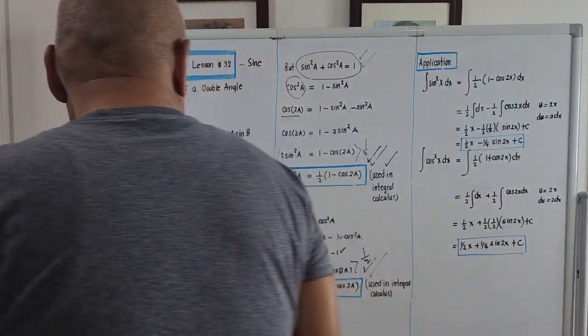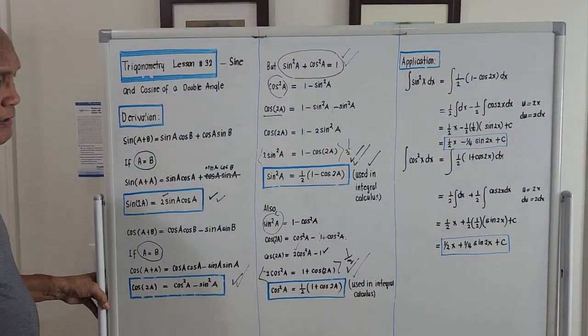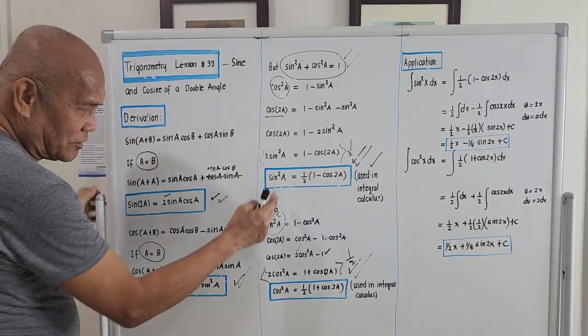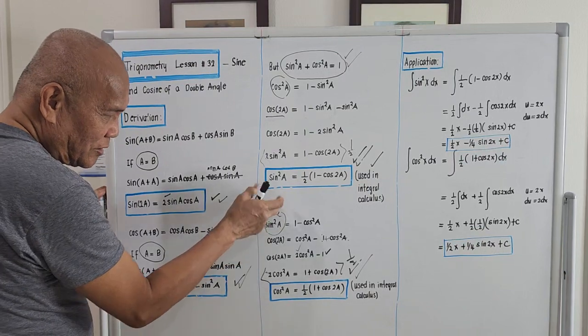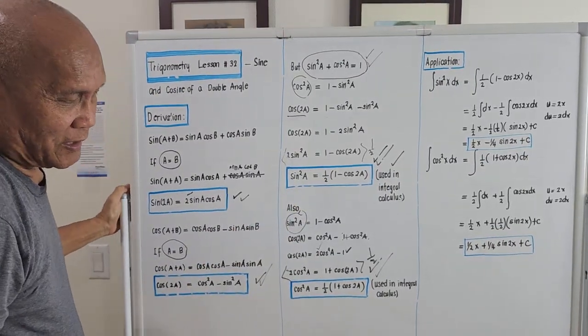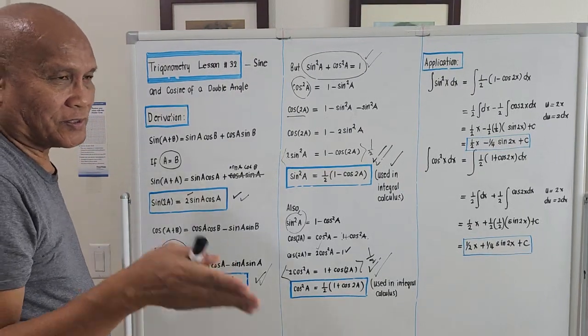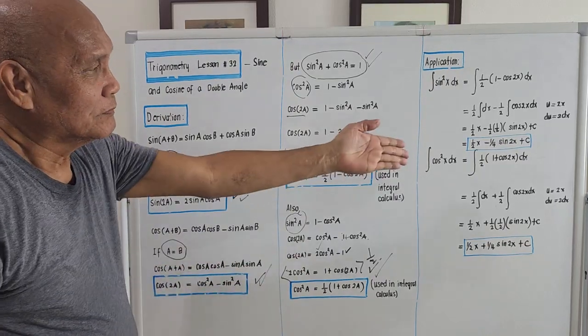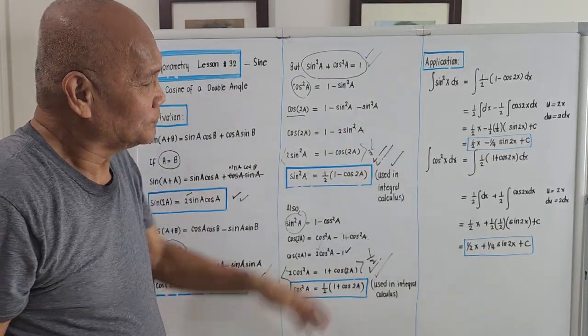I will show you the importance of identity number 3 and number 4. This is number 1, 2, this is 3 and 4. This 3 and 4 is actually very important in the so-called elimination of a hard solution under the study of integral calculus.